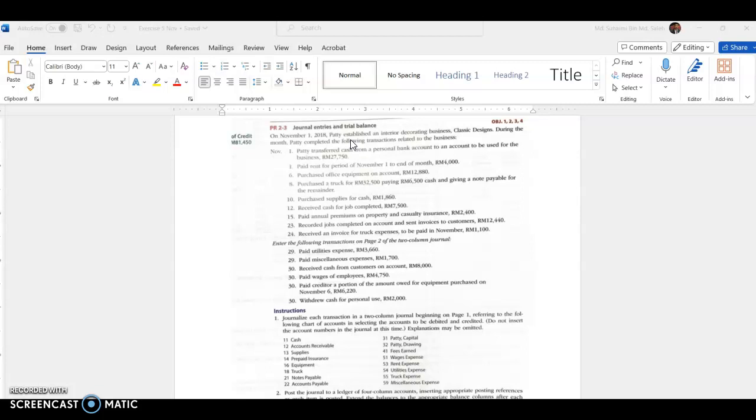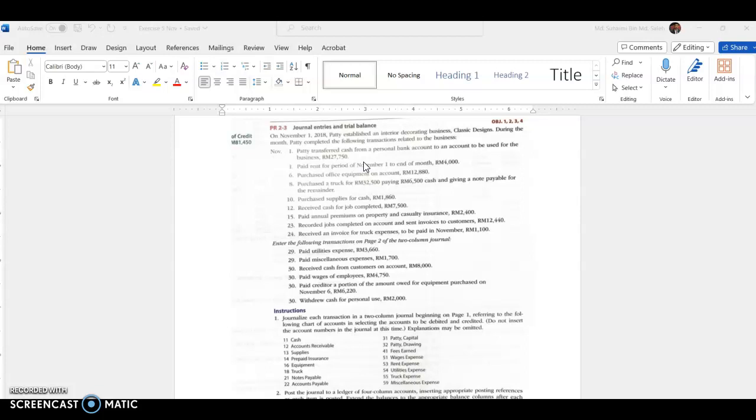So debit bank account and credit the owner equity. The amount is 27,750. So debit cash account 27,750, credit owner equity account 27,750.